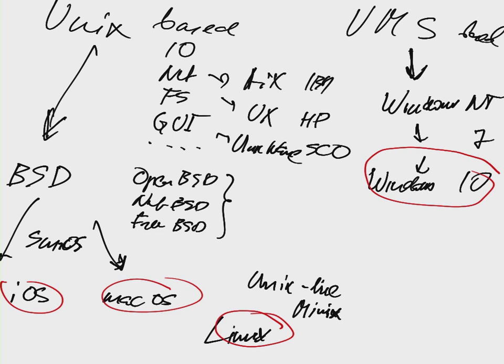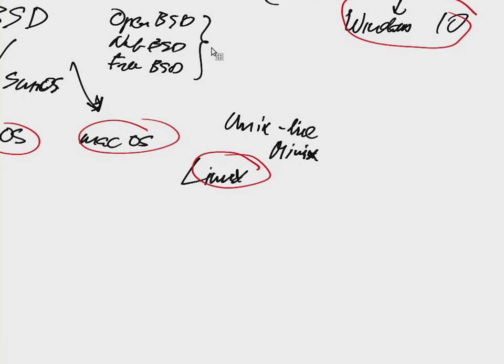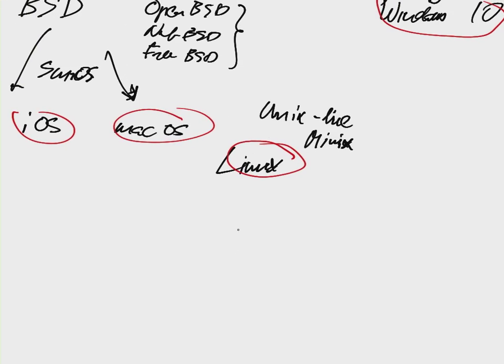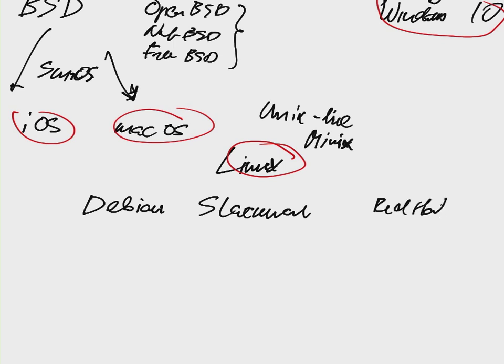And then if we look particularly at Linux, there are hundreds of Linux-based distributions, but the most prominent ones for Linux are Debian, Slackware, and Red Hat.